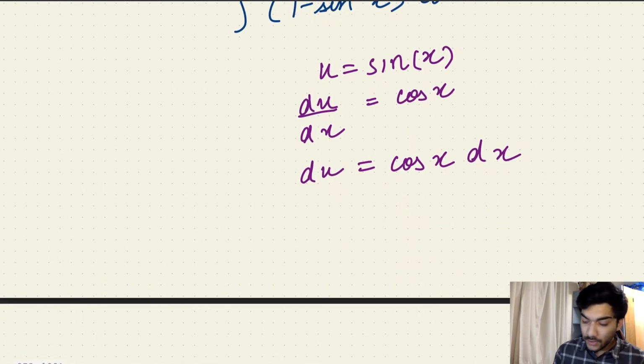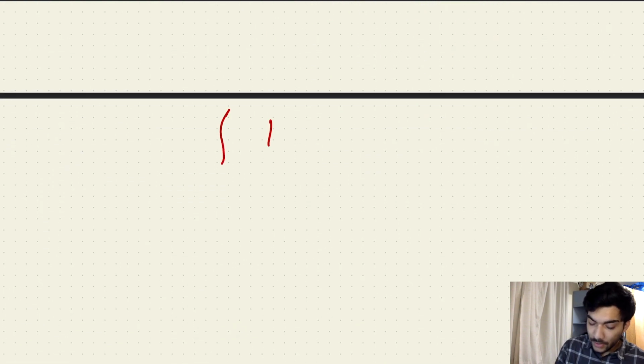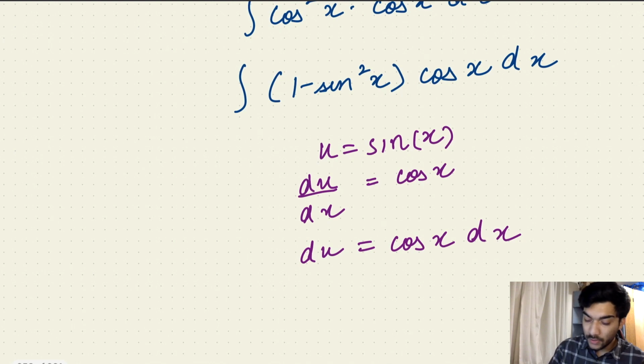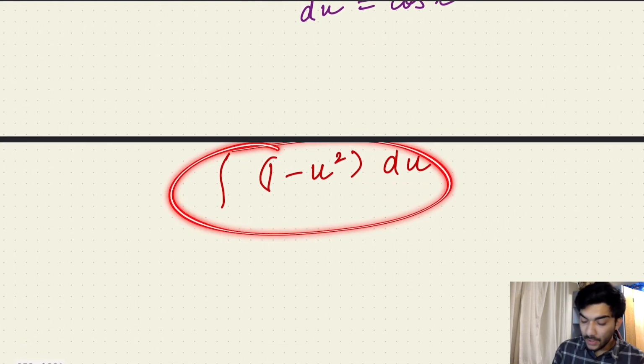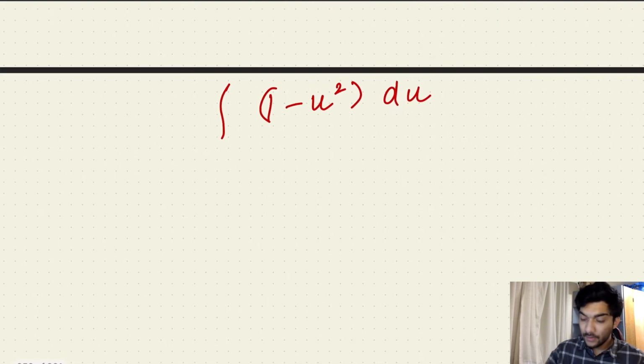So let's do all the changes. If you do all the changes, you will basically be calculating the indefinite integral of 1 minus u square du in this case, right? Because this will be changed to 1 minus u square, and this cos x dx term would be changed to du. And now if you want to calculate the indefinite integral for this one, this is very simple, right?